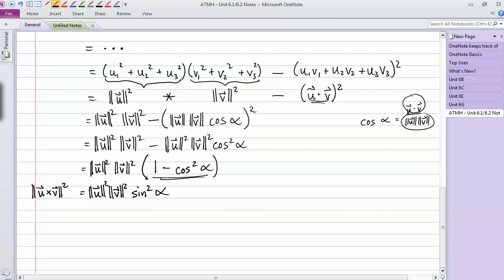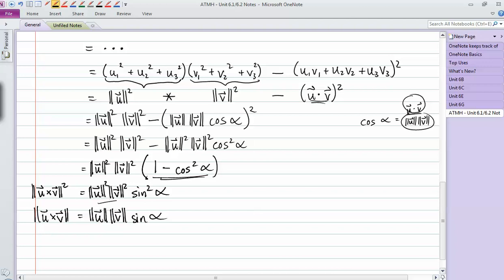And remember, the angle I'm dealing with is between 0 and pi, which means the sine is always positive too, because it's above the x-axis if you think of the unit circle. So this is going to turn into the magnitude of u cross v if I take the square root, and the square root of this side will turn into magnitude u, magnitude v, sine of the angle between them.